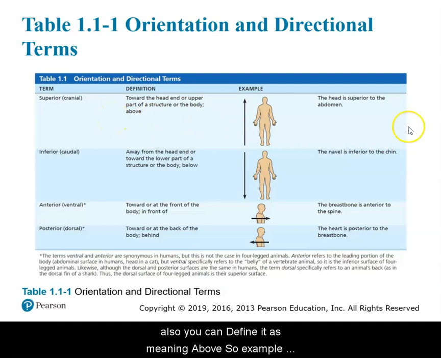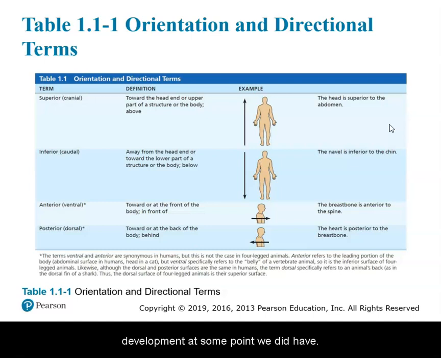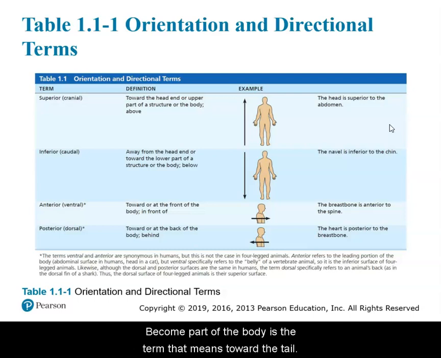An example of this would be the head is superior to the abdomen. Opposite to superior, we have inferior. A term that means the same as inferior is caudal, which means toward the tail. During embryological fetal development, at some point we did have a rudimentary tail, which eventually becomes part of the body.